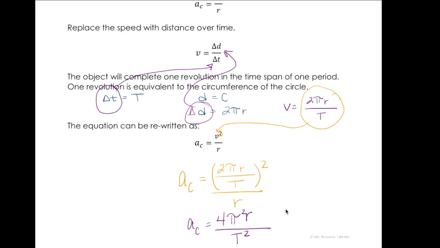We can use this equation when given the period, which is capital T, and the radius in order to find the centripetal acceleration.